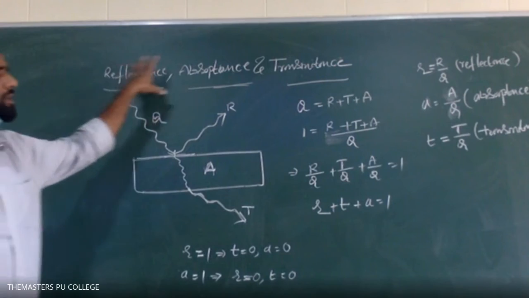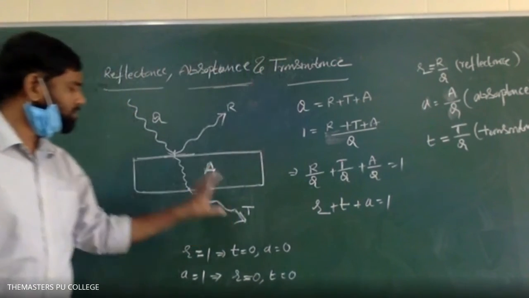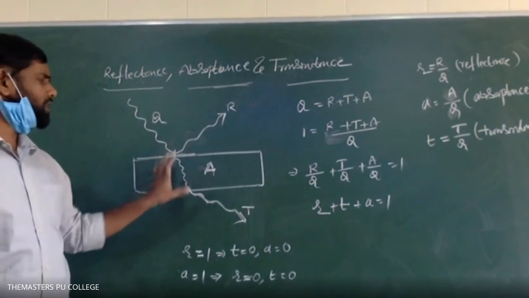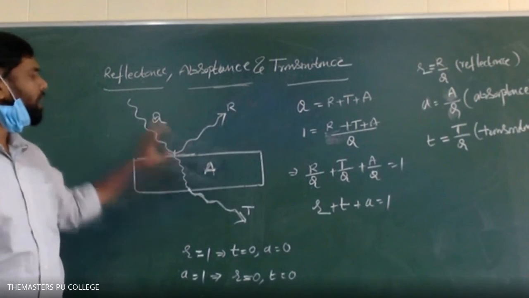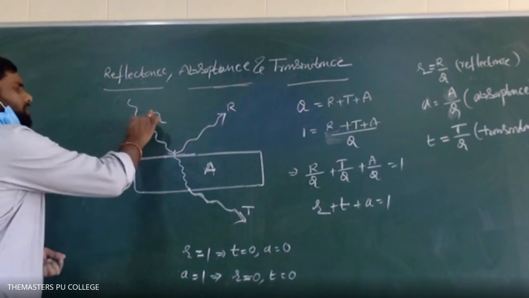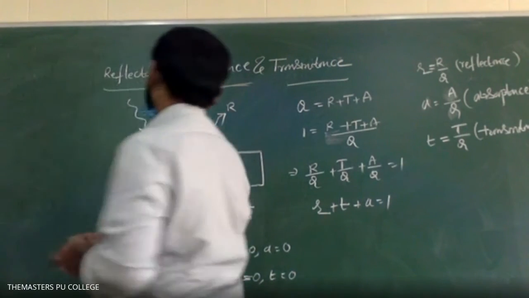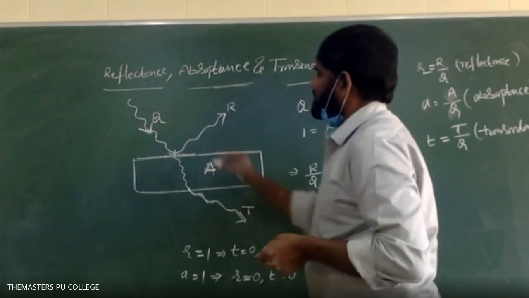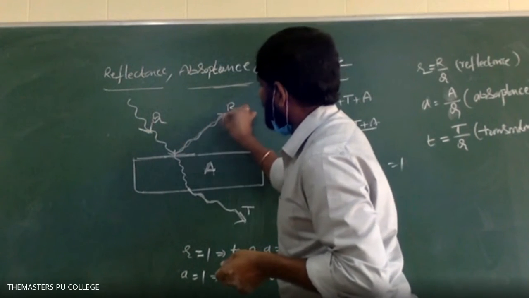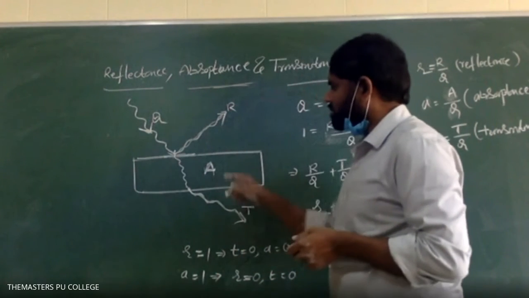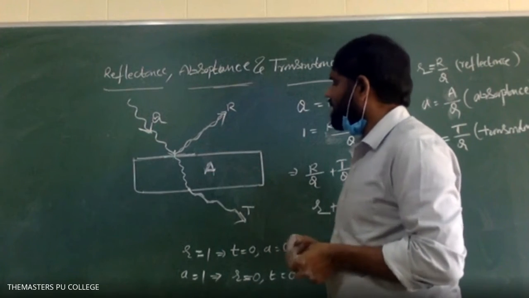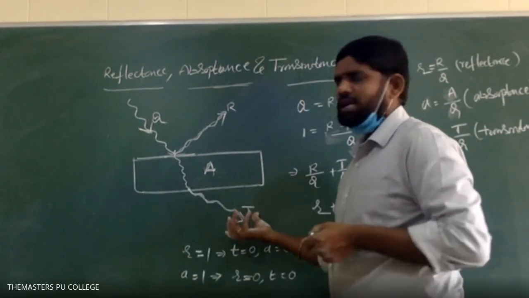So reflectance, absorbance, transmittance: to understand this, let us take a material medium. Let Q amount of energy be incident on the material. Then what are the possibilities? Some of the energy may be reflected back by this medium, some may be absorbed by the medium, and the rest of the energy may be transmitted.